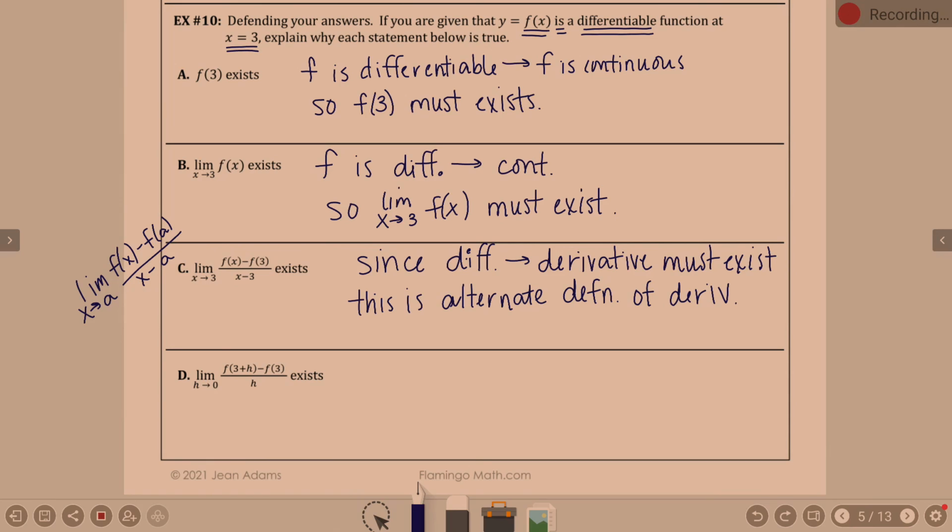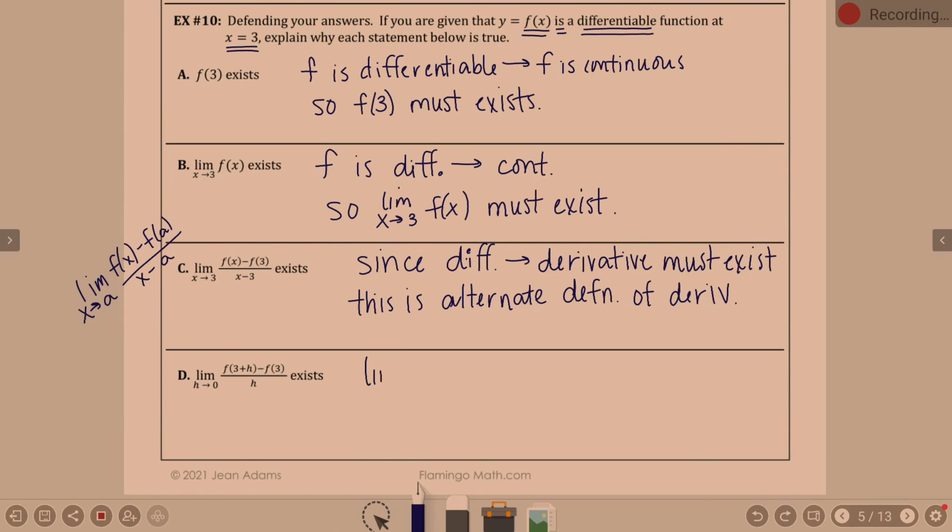Okay, what about D? What is that? Is that our normal limit definition of derivative? It is. So, same things as above.